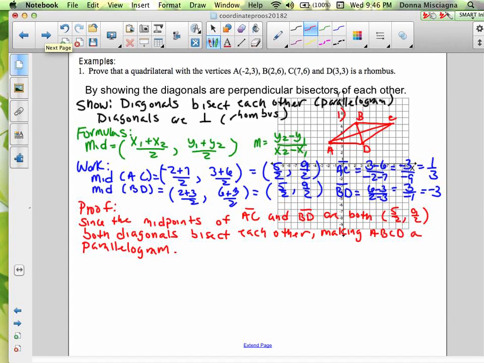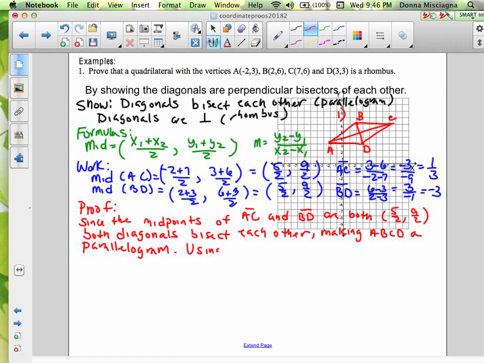All right, so now we said it's a parallelogram, now we want to show it's a rhombus. And let's make sure we didn't say midpoint formula, but we listed them, so it kind of implies midpoint formula, but let's include the slope formula here.